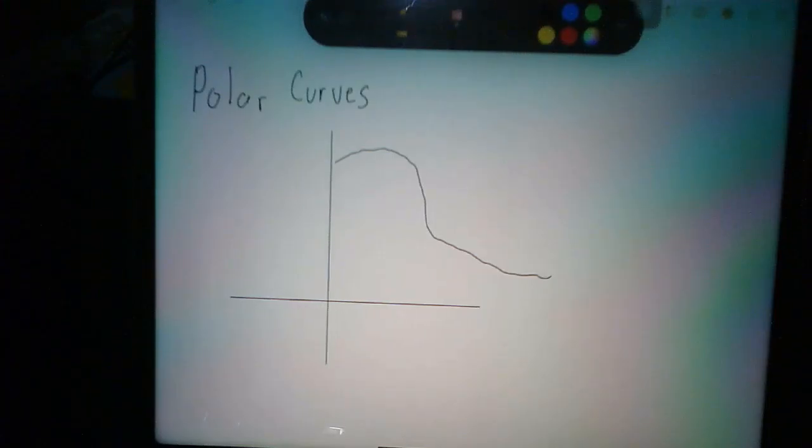So good day everyone. This is still under the area of integration, namely polar curves. So polar curves, first we need to graph this.